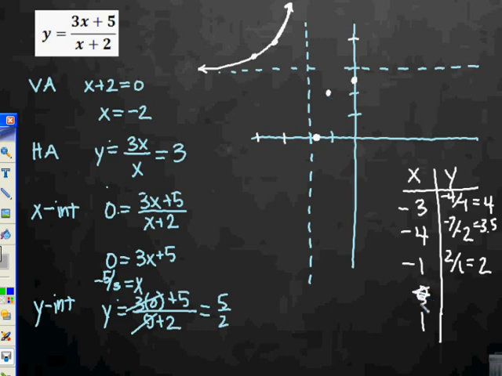And then when I put 1 in, that will be 3 plus 5, which is 8, and then 1 plus 2 is 3. 8/3 is about 2 2/3. So at 1, I'm going up to about 2 2/3, which is right about there. And so this graph is going to hug this direction.